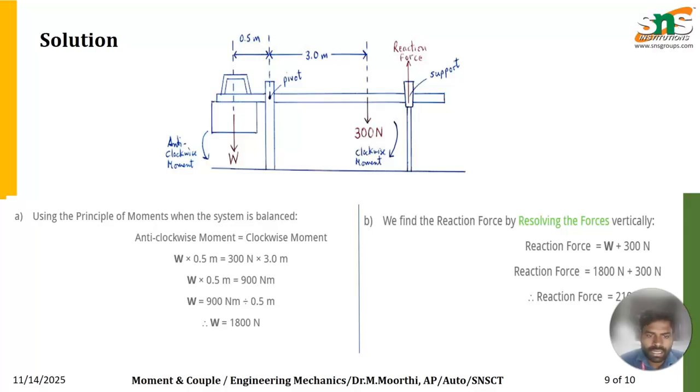From this calculation, the self weight is 1800 Newton. If we add 1800 Newton weight on the left side of the pivotal point, the given system will be in the equilibrium or stable position. In that way, we calculate moment and couple.